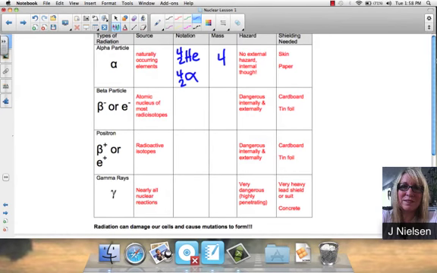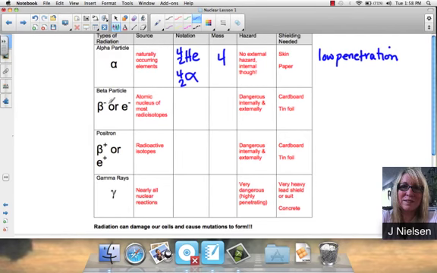Shielding needed. What that means is basically this has low penetrating power. Low penetration, okay? Can pass through skin or paper.